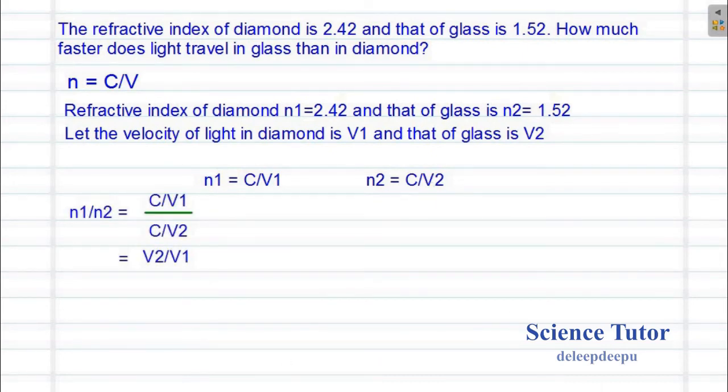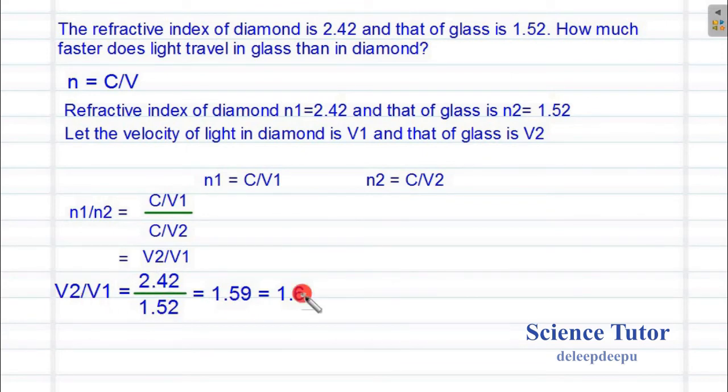If you divide these two, N1 divided by N2, you will get the answer as V2 divided by V1. Here, the refractive index of first medium divided by refractive index of second medium is equal to speed of light in the second medium divided by speed of light in the first medium. So V2 by V1 is equal to 2.42 divided by 1.52.